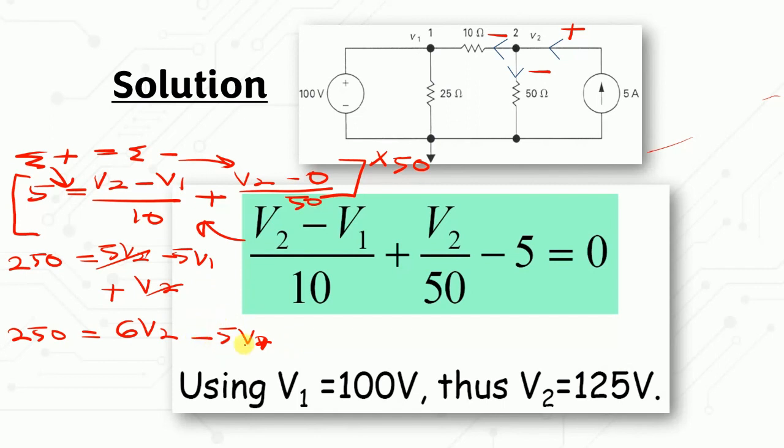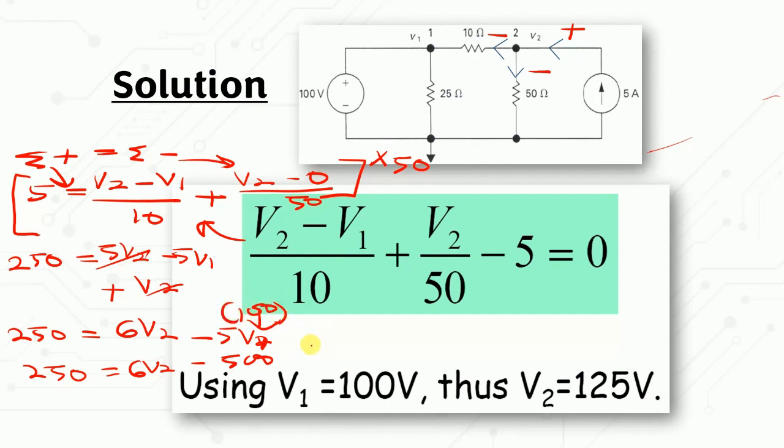You already know that V1 is equal to 100, so 250 equals 6V2 minus 500, because you just substitute the V1 value with 100.